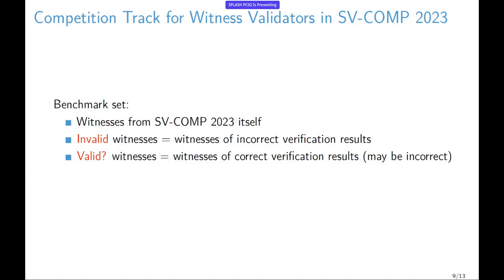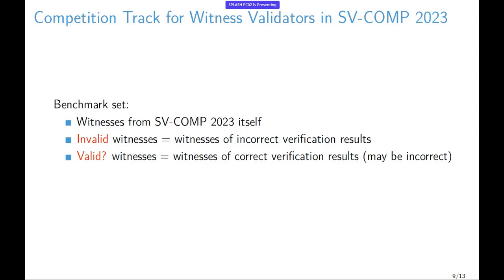And can use those. For the valid witnesses, we don't have the ground truth. So if the verifier produces a witness and the witness matches the verification result, then we are not really 100% sure. Imagine the following situation. You have a program, that program has a bug. There's a path through the program that ends in a violation of the property.